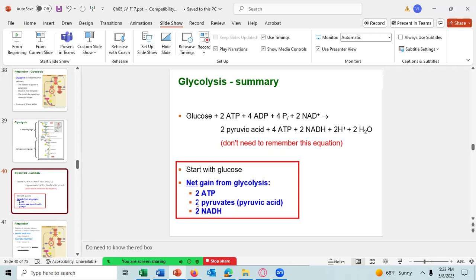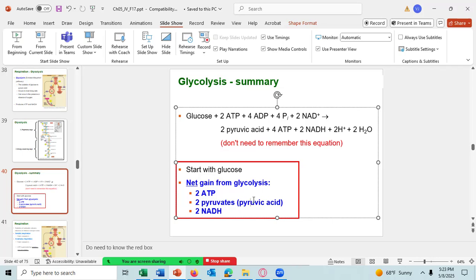And then a word of caution: your cells, as well as us in microbiology, will convert pyruvic acid and talk about it like pyruvate because your cell will use these two the same. The difference is pyruvic acid has a hydrogen on it. Pyruvate has the hydrogen that's come off of it, so it's lacking the hydrogen ion.